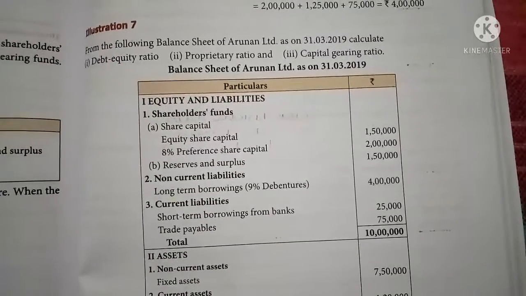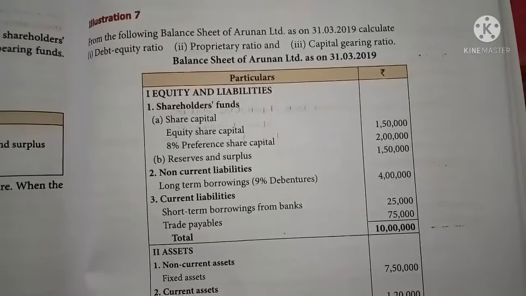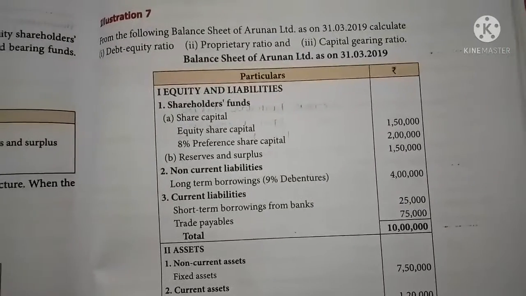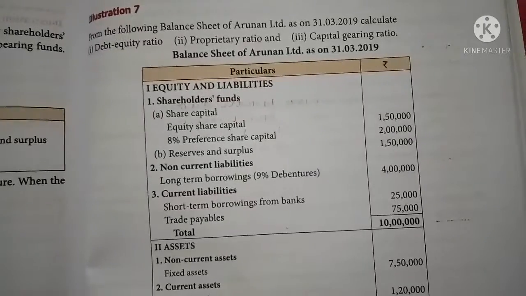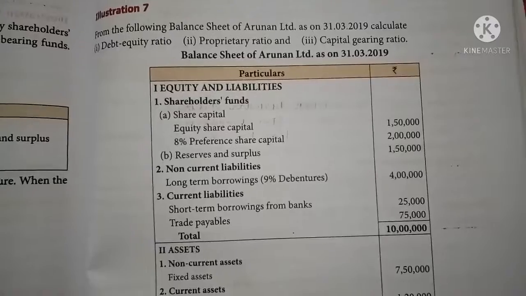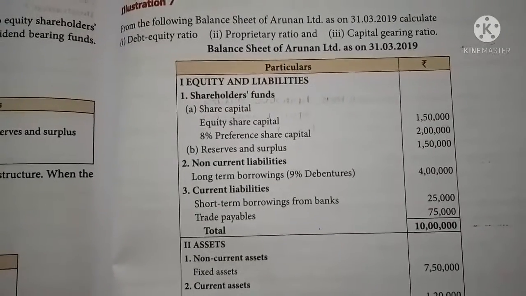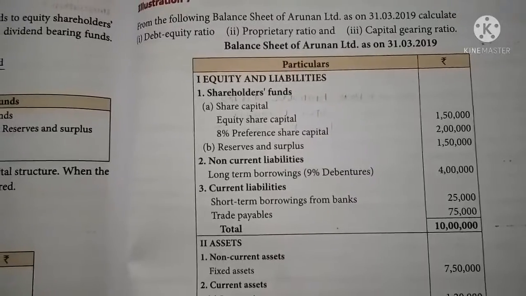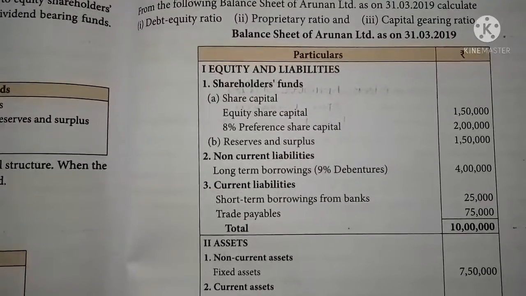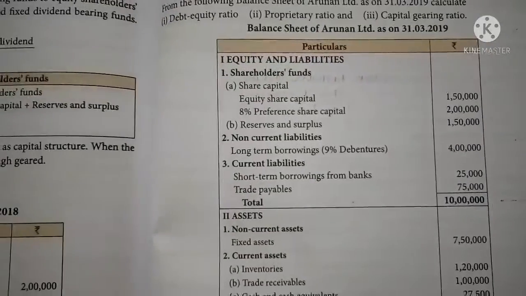So totally you should work out 4 example sums: example 4, 5, 6, 7. Likewise 4 exercise sums: exercise 4, 5, 6 and 7. So totally you should work out 8 sums. Go through all the points which are taught in this video, and work out 8 sums in your accounts assignment notebook.